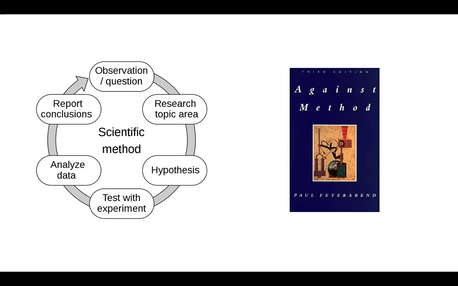Perhaps the most important critique of this has been Paul Feyerabend, who wrote a book called Against Method, where he pointed out that if we adopt such a restrictive method, we might miss out on important observations that could be developed into theories in other ways. One thinks perhaps of the observations of someone like James Lovelock, whose theory of Gaia could never be proved within a strict scientific regime, but nonetheless has proved to be hugely inspirational and influential in the way we understand how the environment operates today.